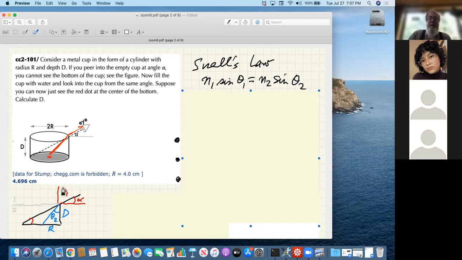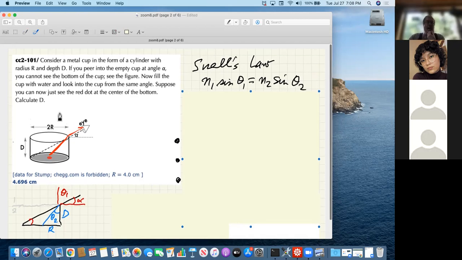So you see, sine theta 1 and sine theta 2 will not be equal because n1 and n2 are not equal.